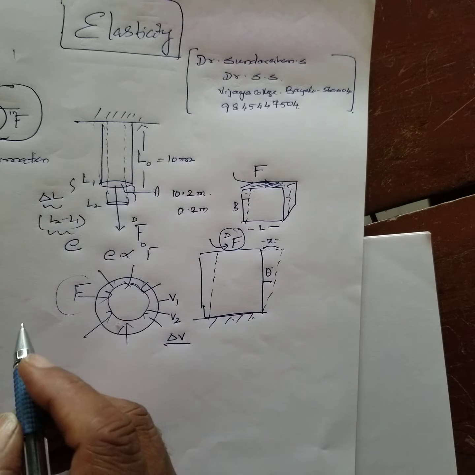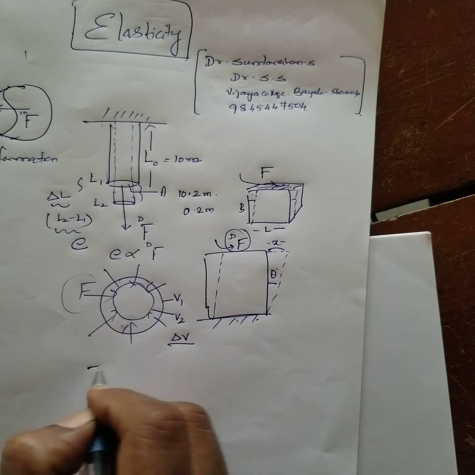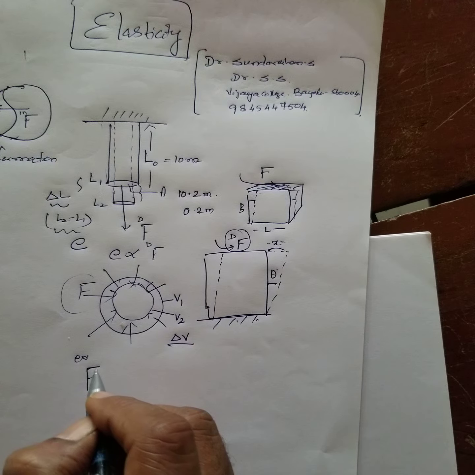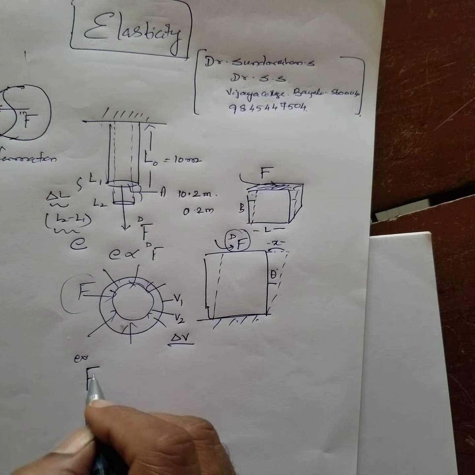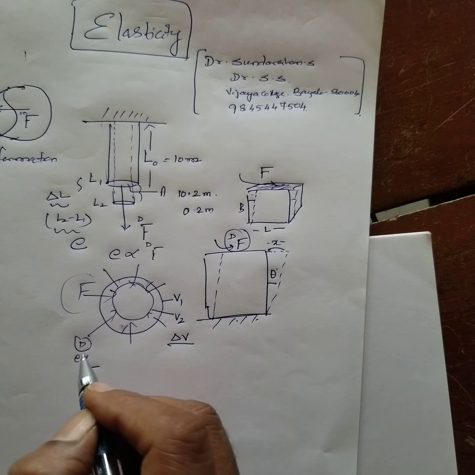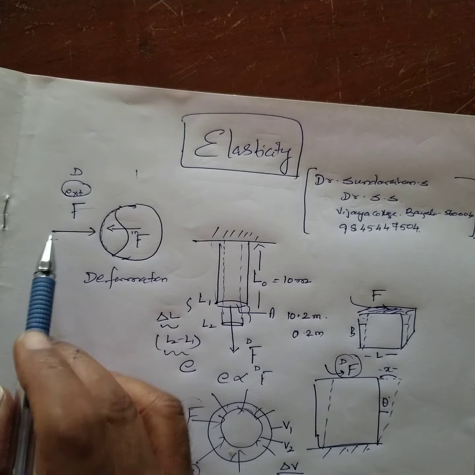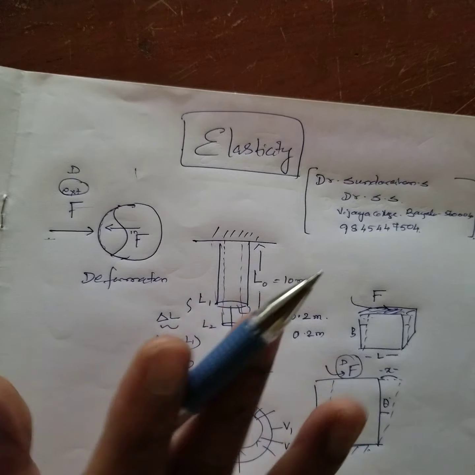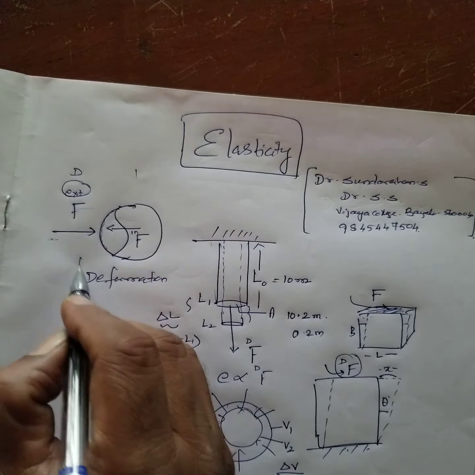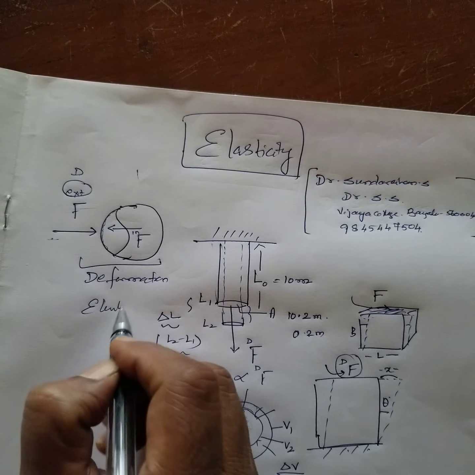And the external force is also called deforming force. Once you remove this deforming force, the body regains its original position. This property is called elasticity.